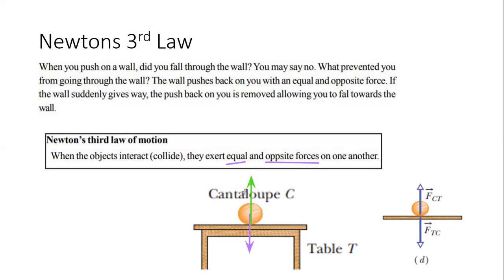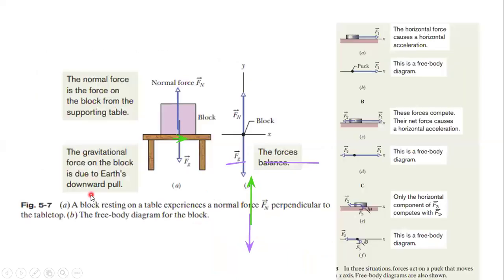This is called a reaction force. According to Newton's third law, whenever any objects interact, they exert equal and opposite forces on one another. If the weight is 20 newtons, then the reaction force is also 20 newtons. These are opposite forces.